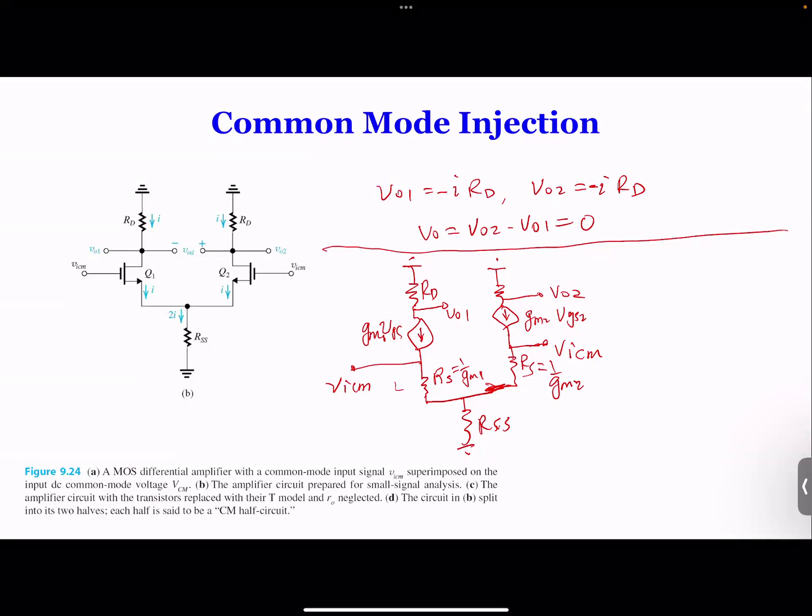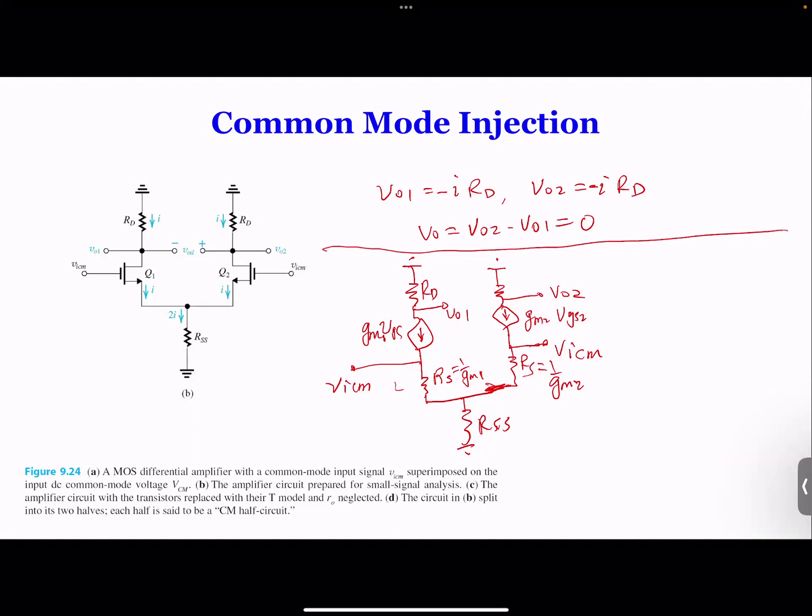Okay, so if we want to get VO1 in this equivalent circuit, we can use this current times this resistance plus the current over both sides times this resistance, we get this voltage. And for this voltage, we can get this voltage over here.